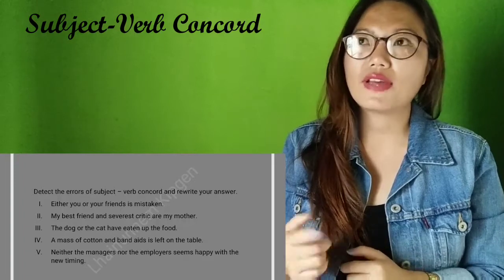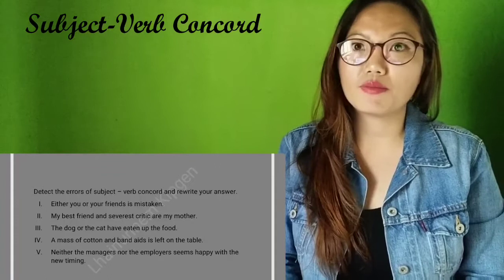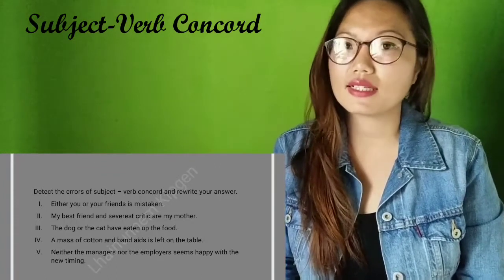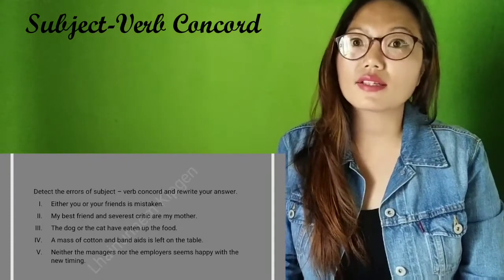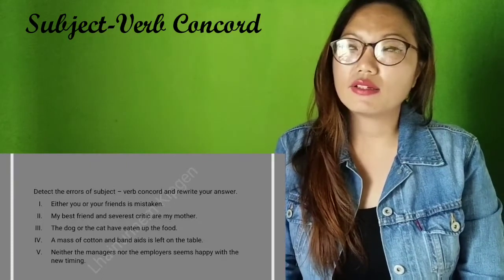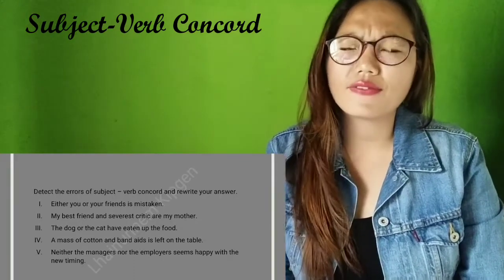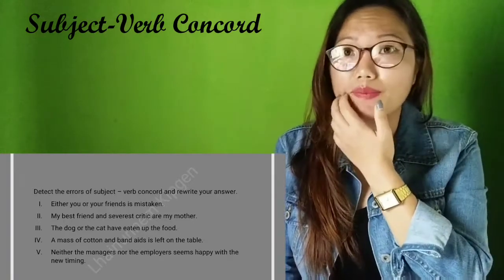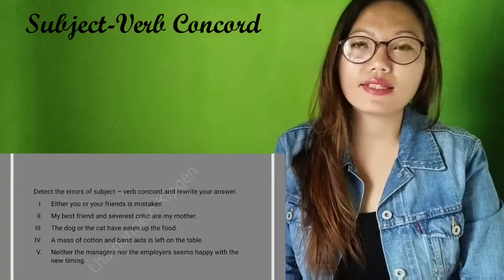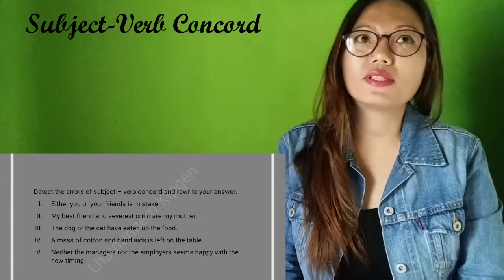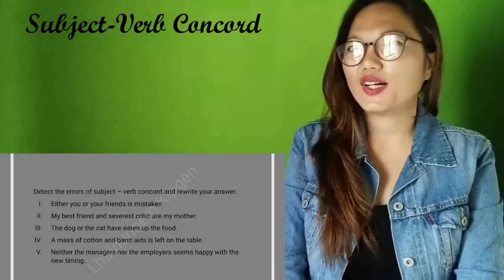So if s and es are used along with a noun, you can see that it is in plural number. But in the case of verbs, it is different. When you are using s along with a verb, it is singular, and plural verbs do not have s used along with them. So when a verb is used along with s, it is a singular verb, and when a verb is used without s, it is a plural verb. So all the best for your test.